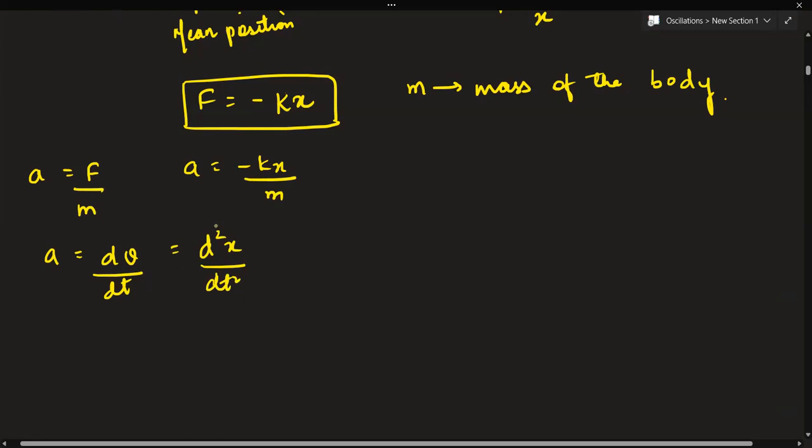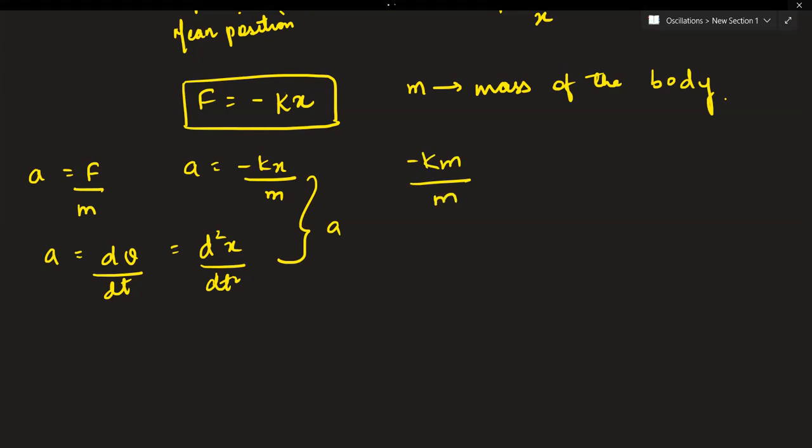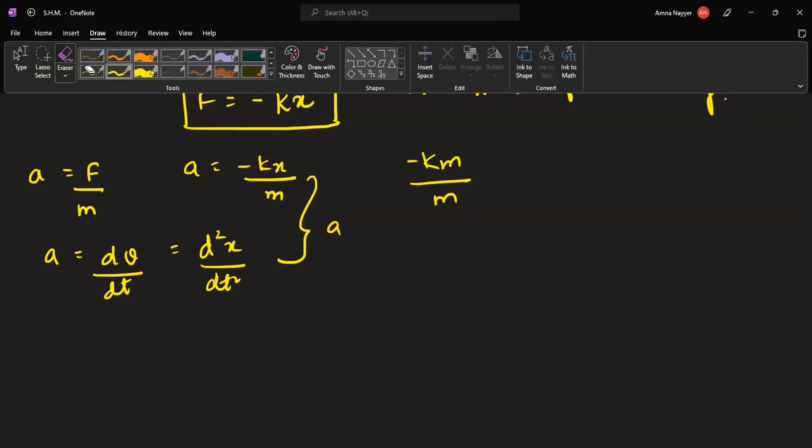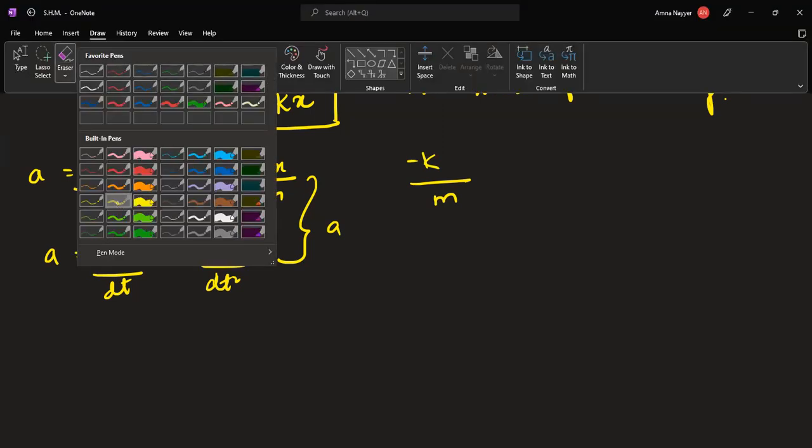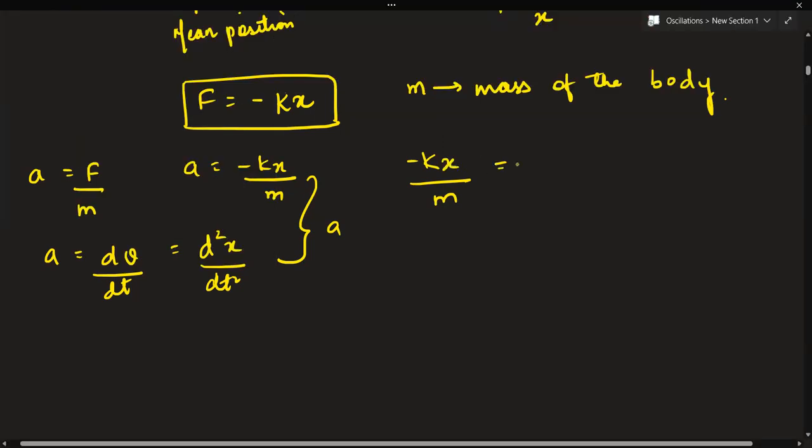Now if this is the value of acceleration and this is also the value of acceleration, it means both of these are giving acceleration only. That is, minus kx by m is equal to d square x divided by dt square.